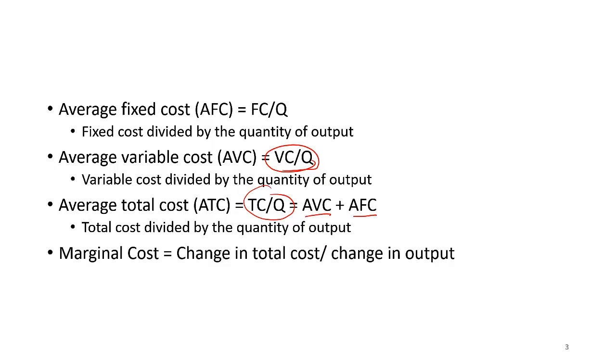And finally, the marginal cost, like the marginal productivity. Marginal cost is change in total cost over change in output. And we often denote it like this. So you have marginal cost is the change in total cost over change in output.